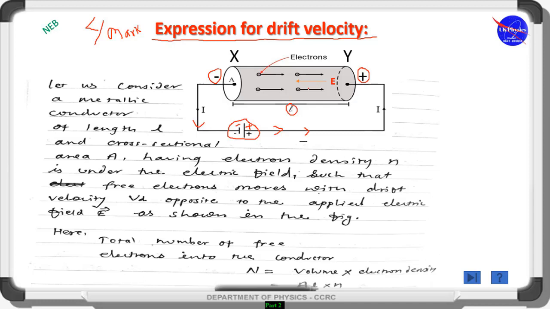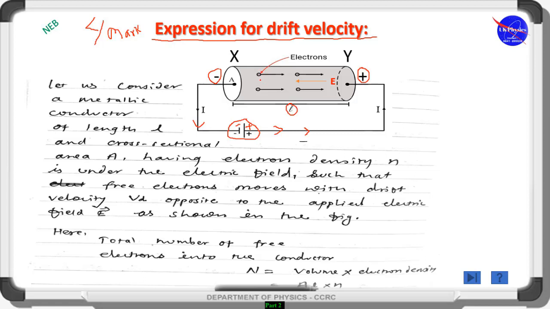So inside the conductor there is an electric field set up, and the direction of the electric field is always from the positive to the negative end, as we previously discussed in the previous slide.